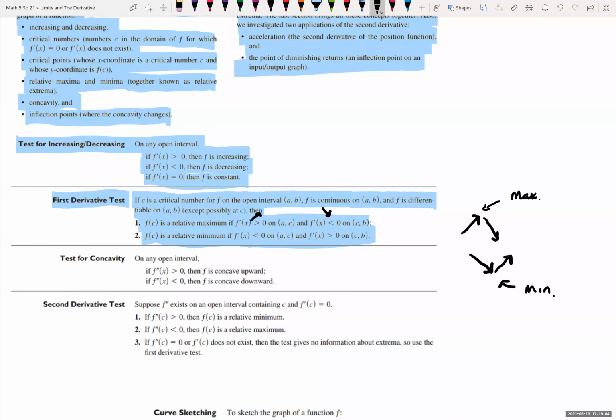So concavity kind of gave us the shape of the graph as it was increasing or decreasing. So to test for concavity, this is where we found the second derivative. We found values which set the second derivative equal to 0 or undefined, but were in our original domain.